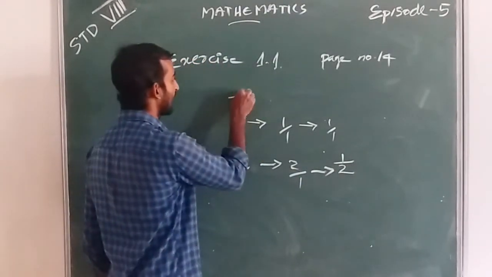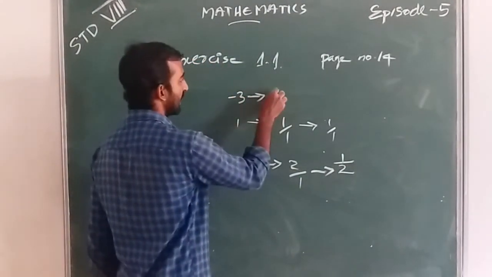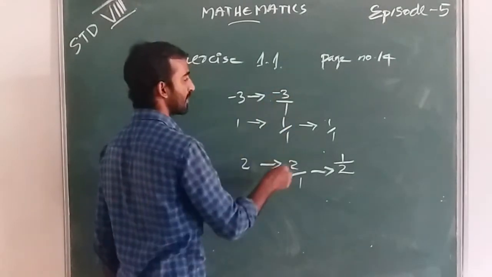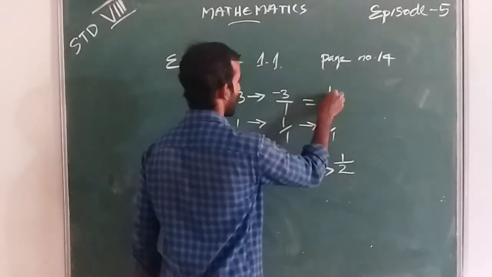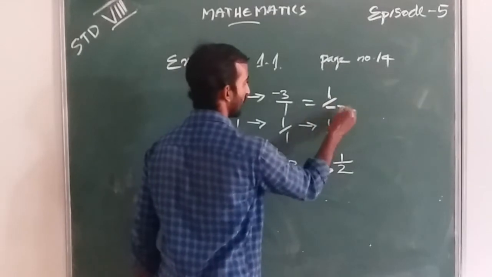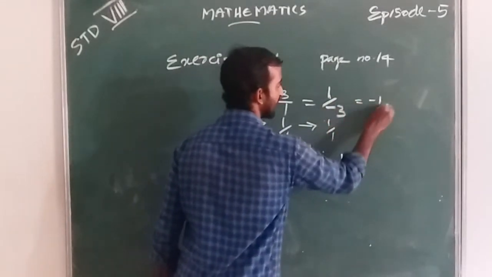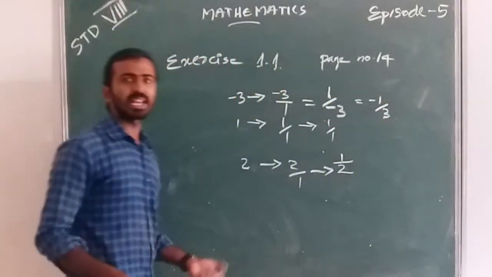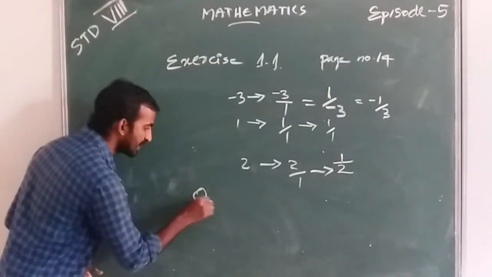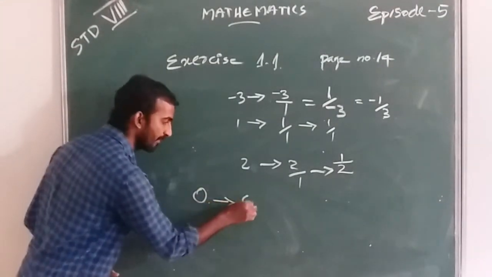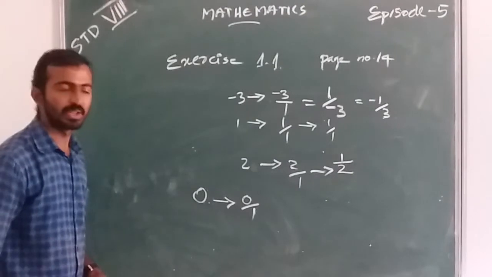Or we can take negative 3. Negative 3 is also a rational number. Its reciprocal is 1 by negative 3 or negative 1 by 3. When we take the case of 0, 0 is a rational number. We can write 0 by 1.